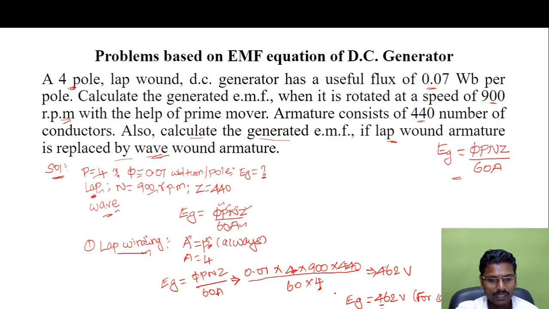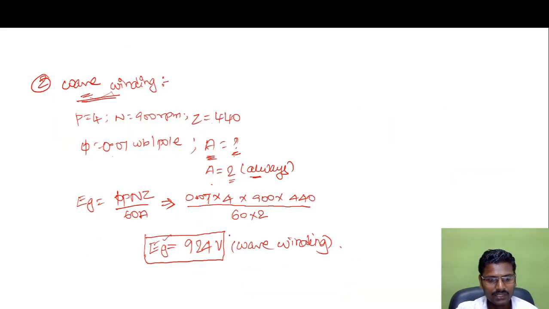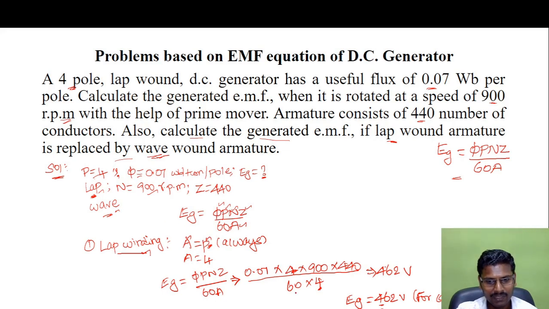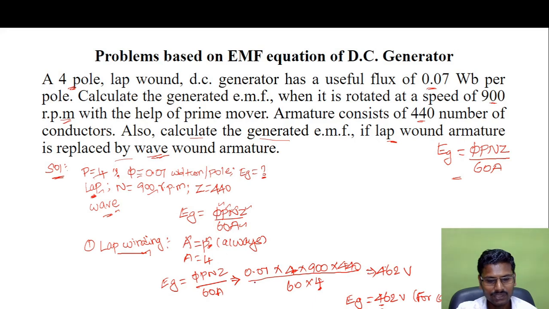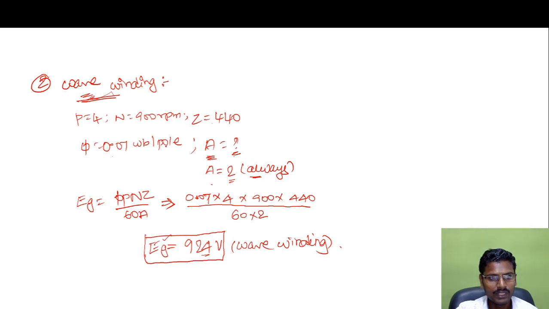So comparing case 1 and case 2, the generator voltage is twice when we wind the armature with wave winding. In lap winding it is 462 volt and in wave winding 924 volt, which is two times larger than the generator voltage of lap winding.